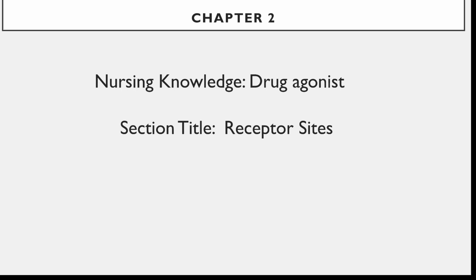There are other terms, non-competitive agonists, and drugs that react differently and affect receptors differently. But when you're talking about a drug agonist, this is the drug that will interact directly with receptor sites to cause the same activity as one of the natural chemicals would at that drug site in the receptor sites.